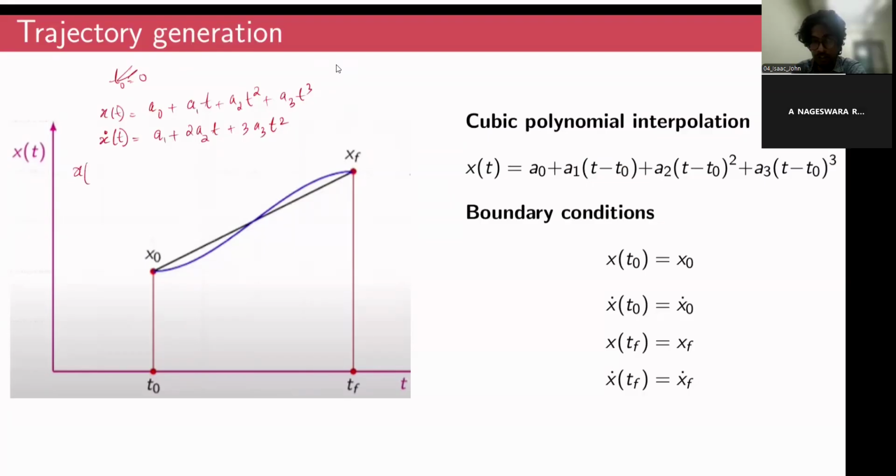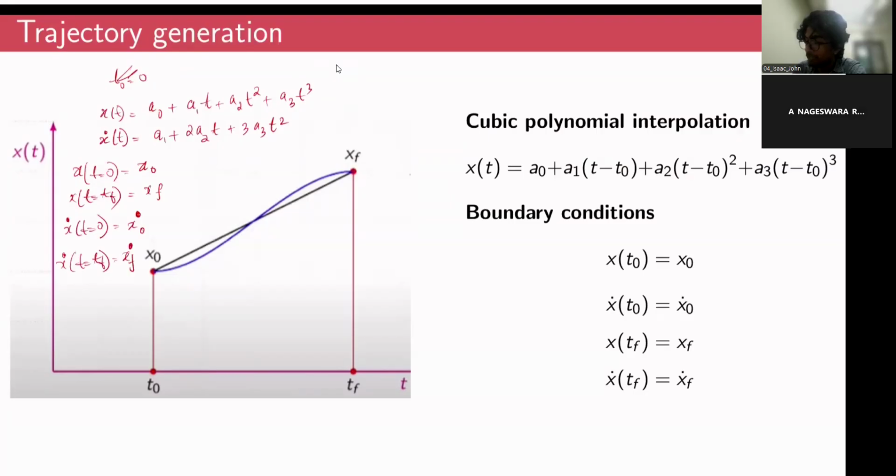If you consider your initial position x at time t equal to 0 as x0, and at time t equal to tf, a final time, your final position as xf, and two more conditions in terms of velocities, x dot at t equal to 0 as x0 dot, and x dot at t equal to tf as xf dot.